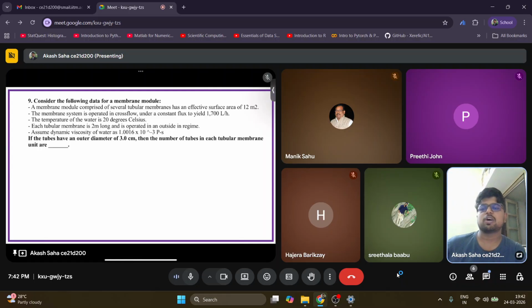The temperature of water is 20 degrees Celsius. Each tubular membrane is 2 meters long and is operated in outside-in regime. Assume the dynamic viscosity of water is given. If the tubes have an outer diameter of 3 centimeters, then the number of tubes in each tubular membrane unit is? So you have to find the number of tubes.